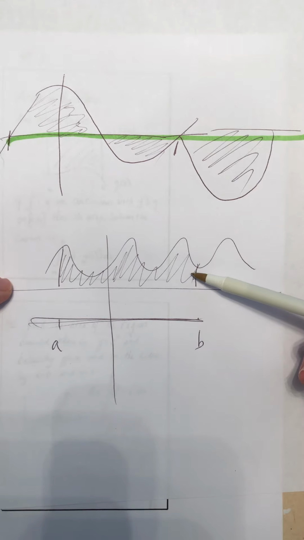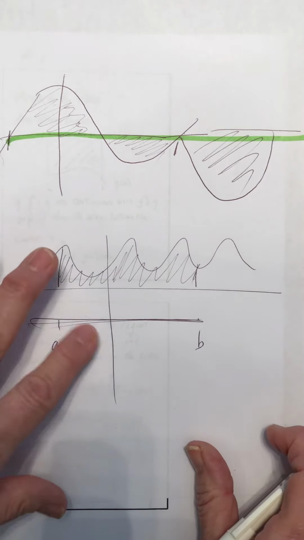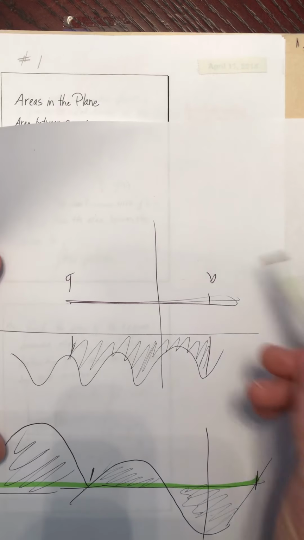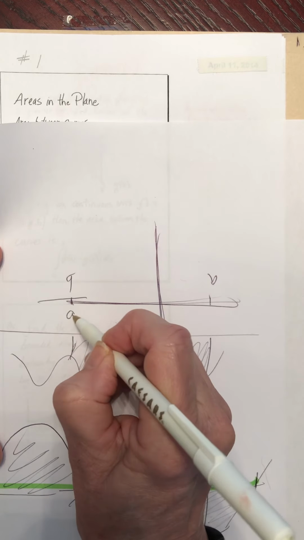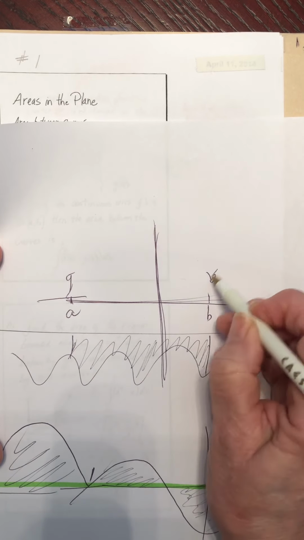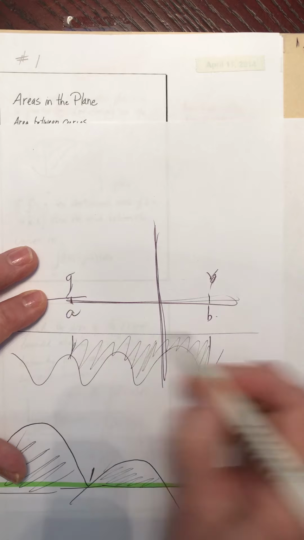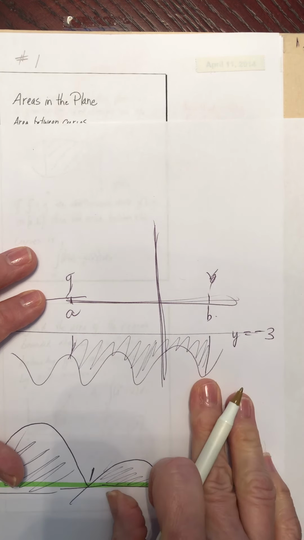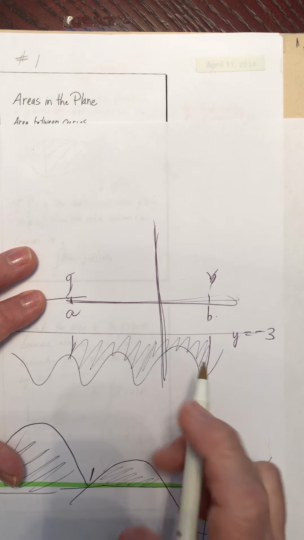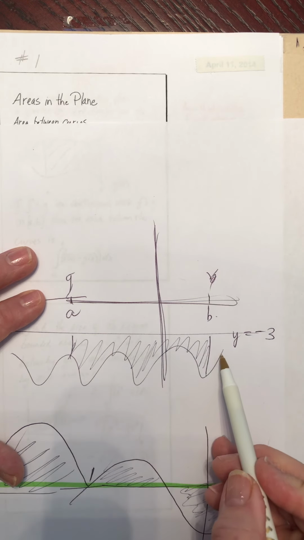Well, that would be positive. But even had that been drawn below the x-axis, so let's tip it upside down. Let's say this is still the x-axis, and I'm starting over here at A, and my upper limit is B, and so now I have this line y equals -3, and I have a trig function that's been translated down. This area is still going to be positive.